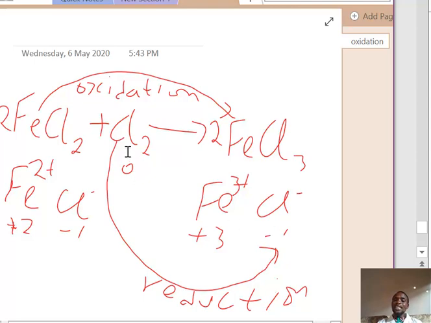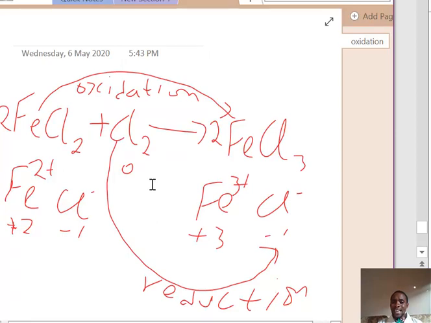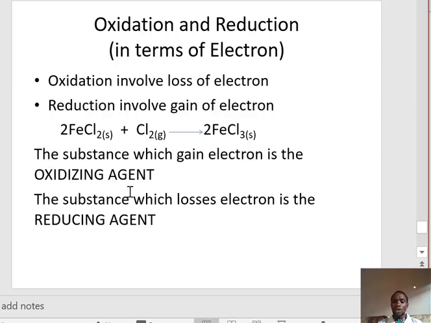Don't forget, the substance that gains the electron is the oxidizing agent, while the substance that loses the electron is the reducing agent.